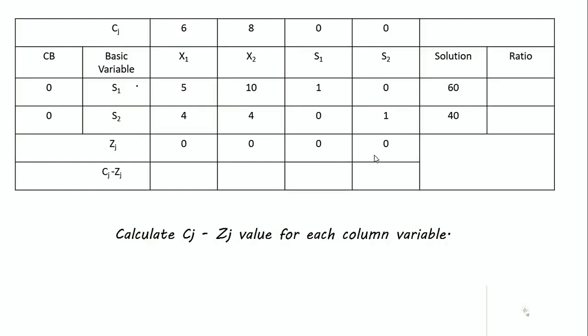Next, we will calculate Cj minus Zj value for each column variable. Cj is 6, Zj is 0, so 6 minus 0 is 6. 8 minus 0 is 8. 0 minus 0. Next is 0 minus 0. So we have calculated Cj minus Zj value for all the variables.